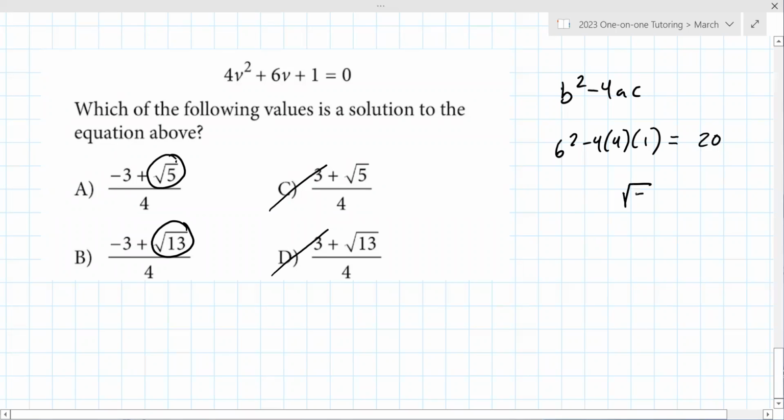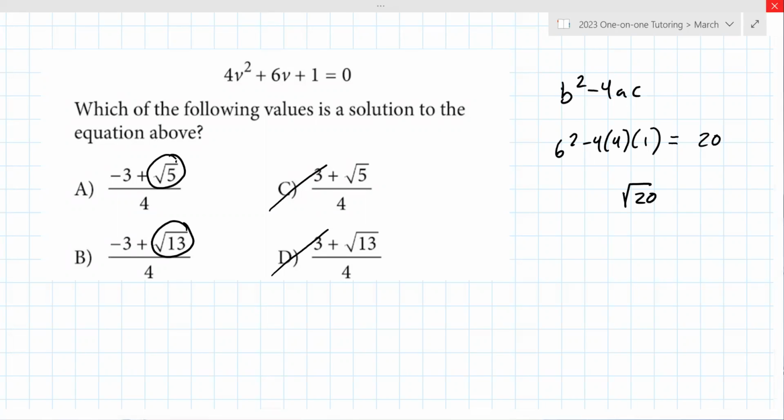But maybe you can reduce the square root of 20. What does that reduce to? Will you work that out for us? Sure. Two times square root of 5.